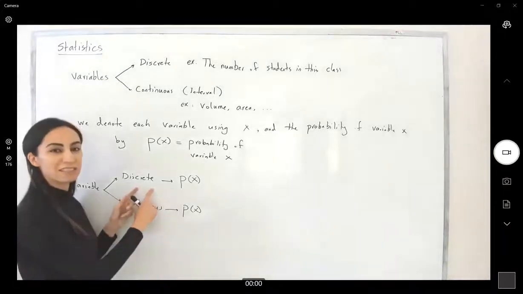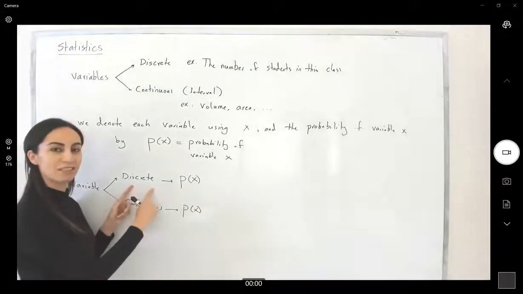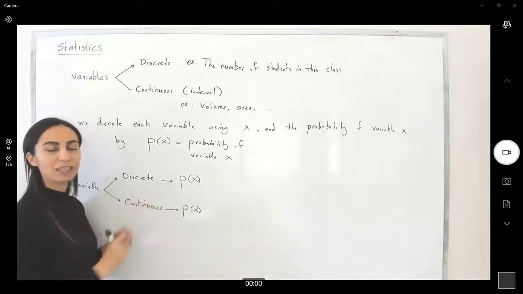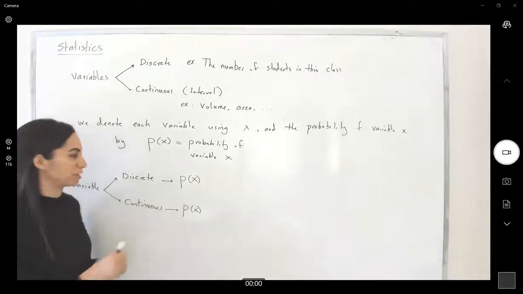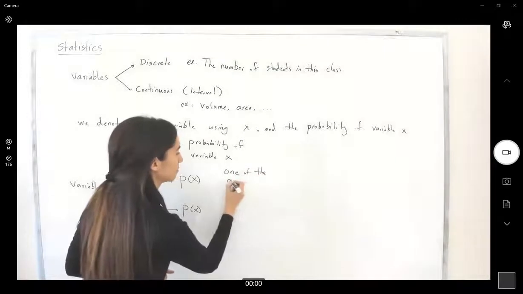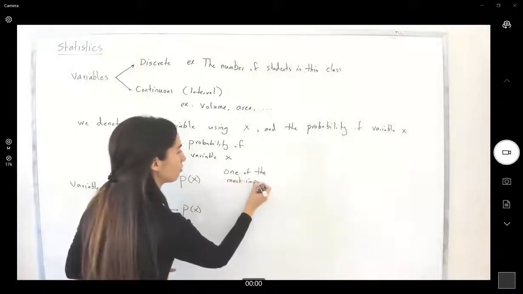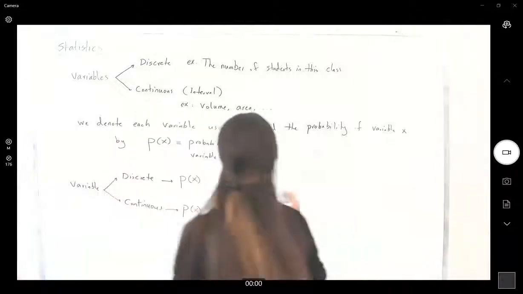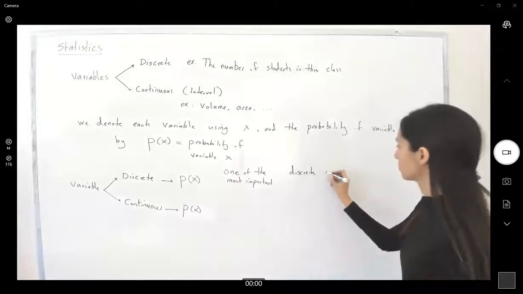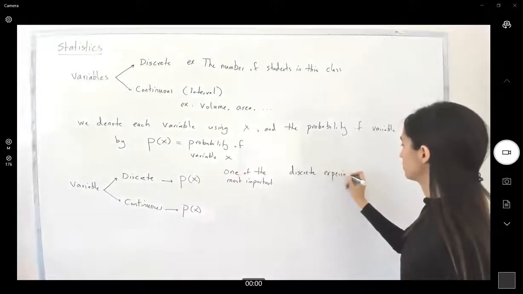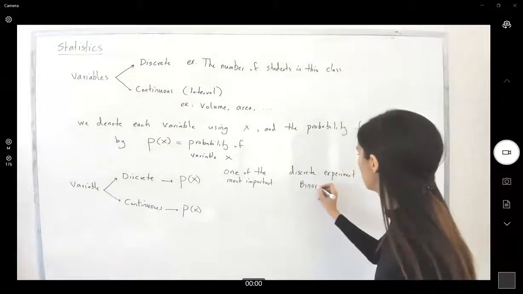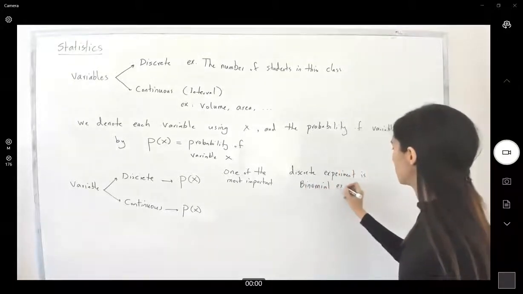One of the famous discrete random variables and discrete experiments is the binomial experiment. One of the most important discrete experiments is the binomial experiment.